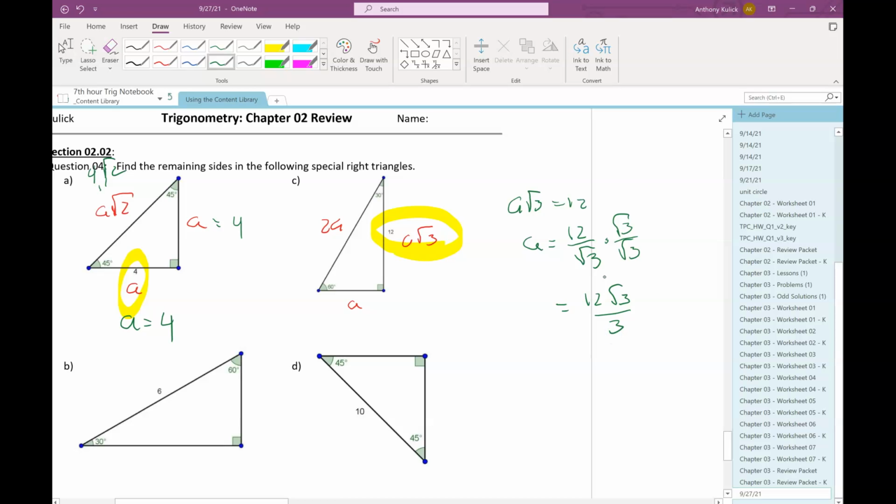And then I notice 12 divided by 3 can reduce. So that's 4 root 3. So this side is 4 root 3, because that's what A is. And this side then would be 2 times 4 root 3, which would be 8 root 3.